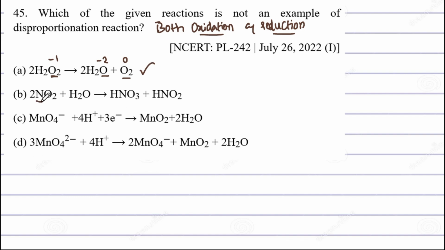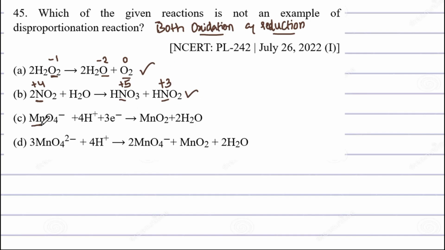Then the oxidation state of nitrogen in NO2 is +4, in HNO3 it is +5, and in HNO2 it is +3. So from +4 to +5 is an increase in oxidation state, so it is oxidation, and from +4 to +3 is a decrease, so it is reduction. So this is also a disproportionation reaction.